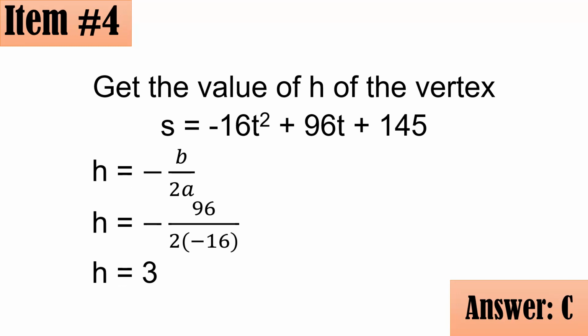Letter C, meaning to say, it will reach its maximum height at T equals 3 or at 3 seconds. No? After 3 seconds, bababa na po yan. So sa lahat ng sumagot ng C, congratulations. But if not, okay lang po.